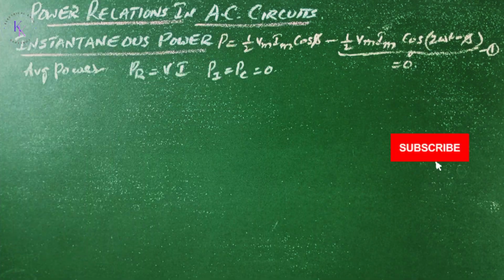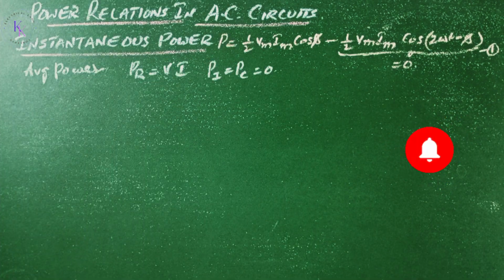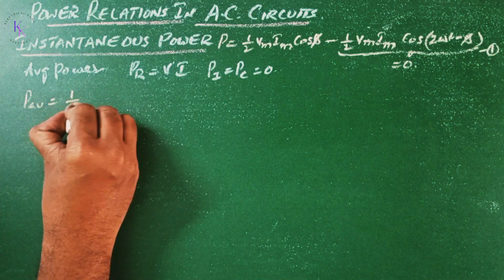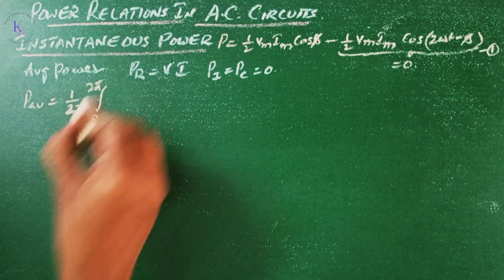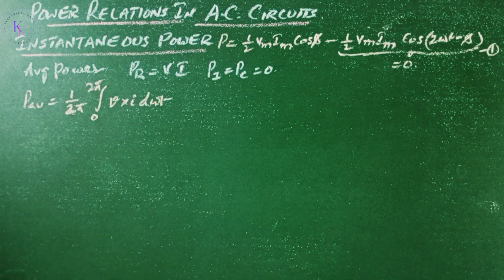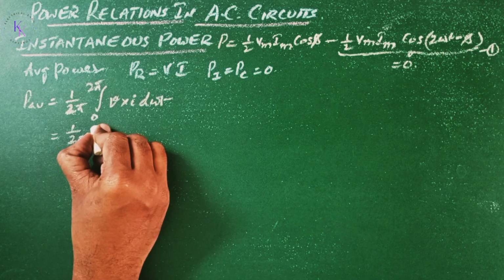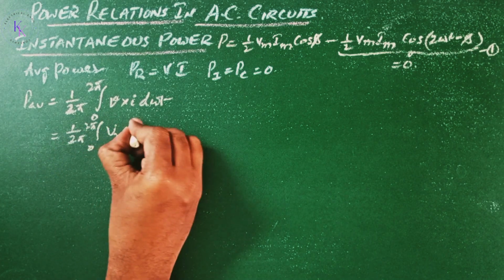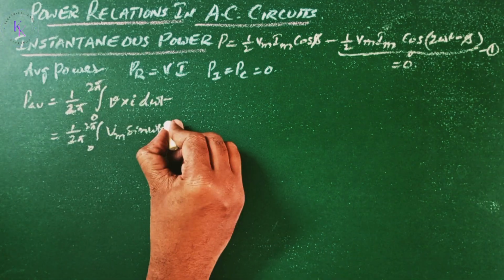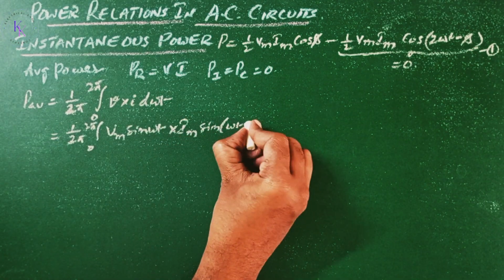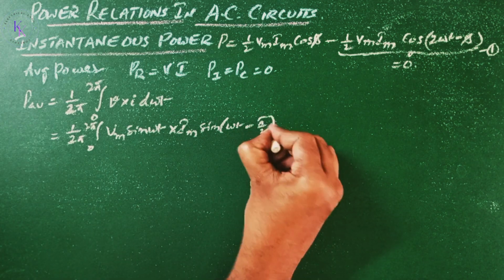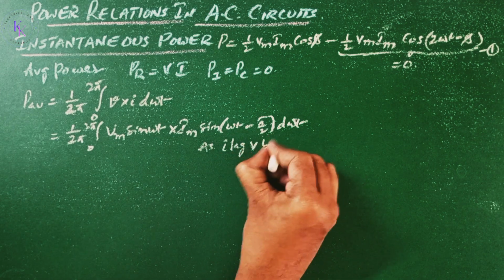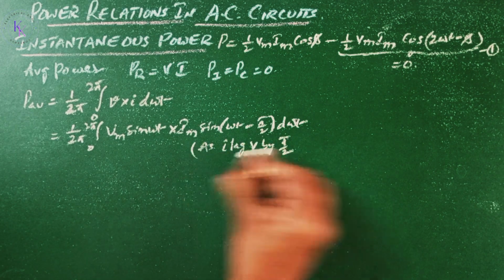In a pure inductive circuit, it can be shown that over a complete cycle, P average equals 1 by 2 pi integral from 0 to 2 pi of VI d omega t, that equals 1 by 2 pi integral 0 to 2 pi of Vm sin omega t times Im sin(omega t minus pi by 2) d omega t, as I lags V by pi by 2 in an inductive circuit.